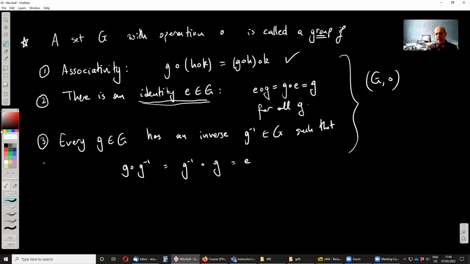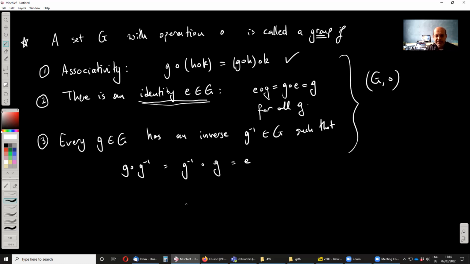Sometimes people add to these basic properties a fourth and a fifth one, like closedness. We don't really add these here because we're saying that if this is an operation, then this operation is closed. So for two elements within the group, their product has to be within the same set, necessarily by definition. Okay.